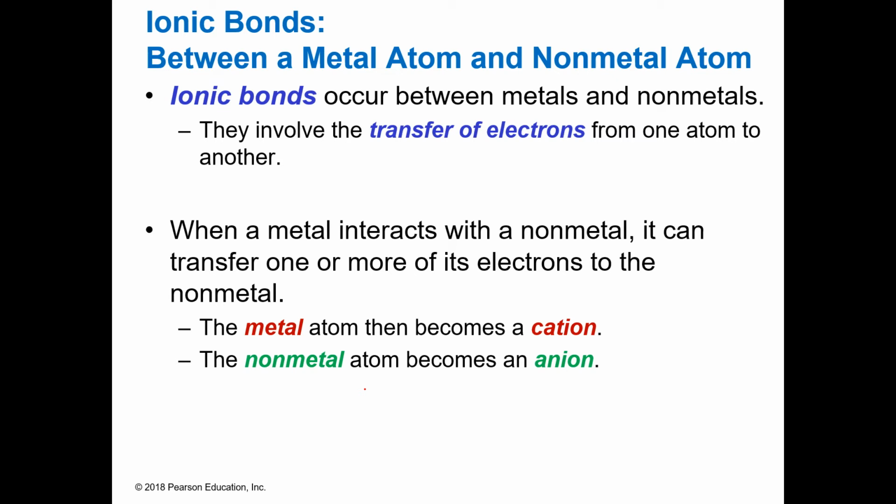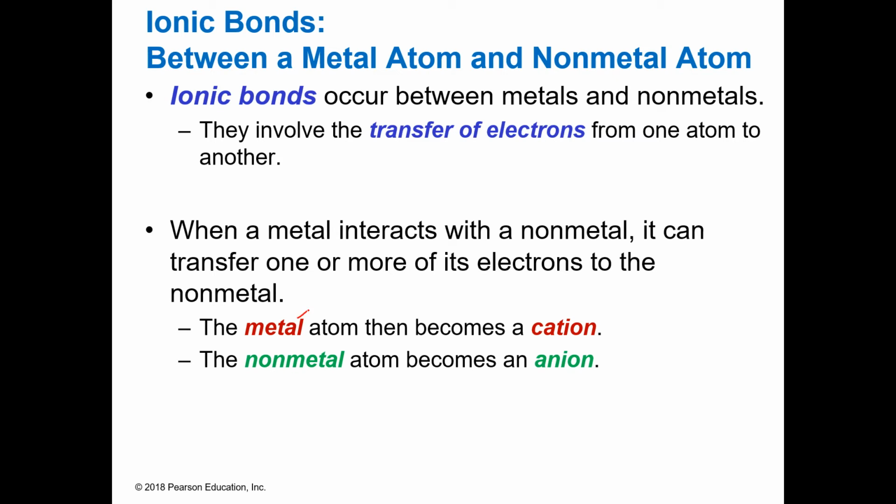An ionic bond, again, is a bond that's formed between a metal and a nonmetal. And how it's formed is there's a transfer of electrons. Now, we'll talk about that in detail here in just a minute. But what happens is our metals and our nonmetals work with electrons differently.